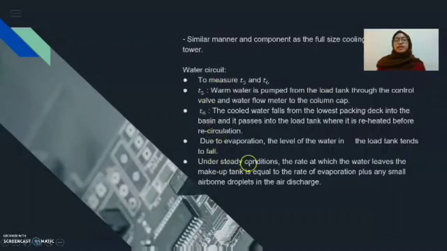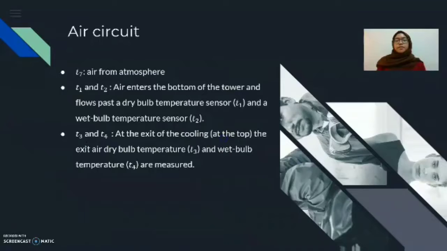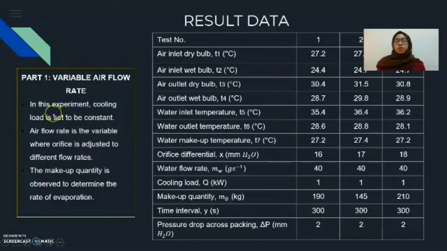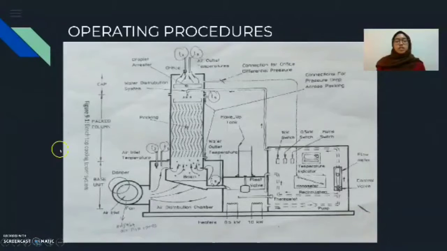Under these conditions, the rate at which water leaves the makeup tank is equal to the rate of evaporation plus any small airborne droplets in the air discharge. And then for the air circuit, it's the same thing except that we will be changing the rate of air from the air inlet at the fan.